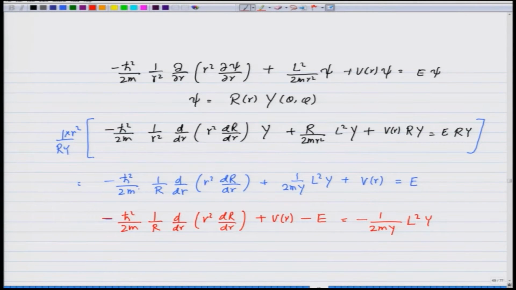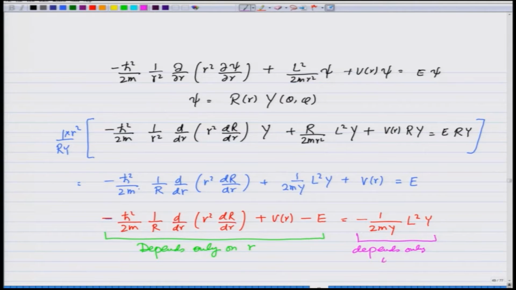And it so happens that this term, the term on the left hand side, depends only on r. The term on the right hand side here depends only on theta and phi, and for them to be equal, therefore, this must be equal to some constant lambda.